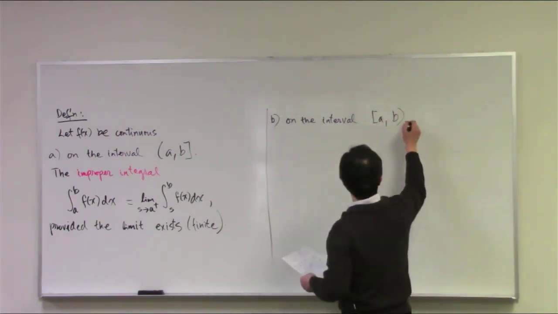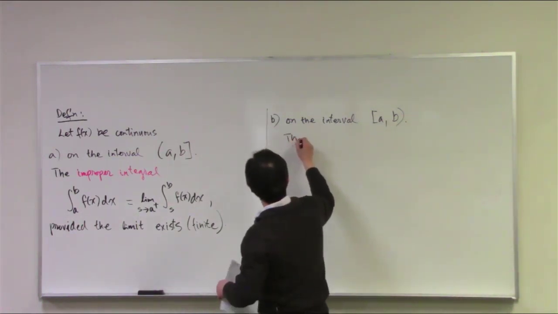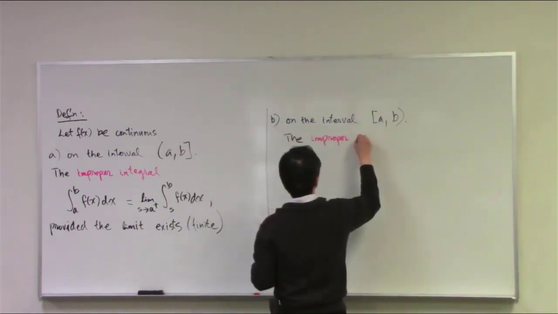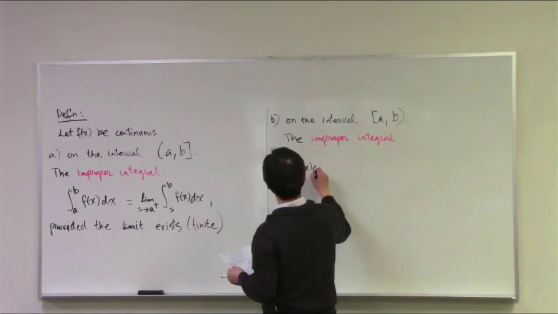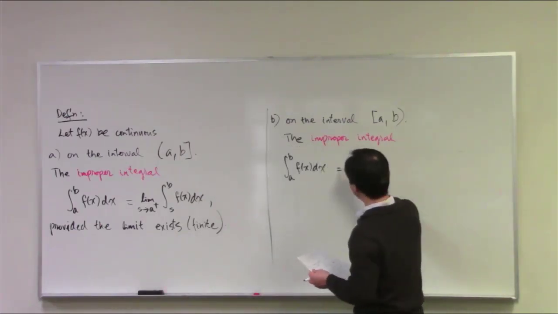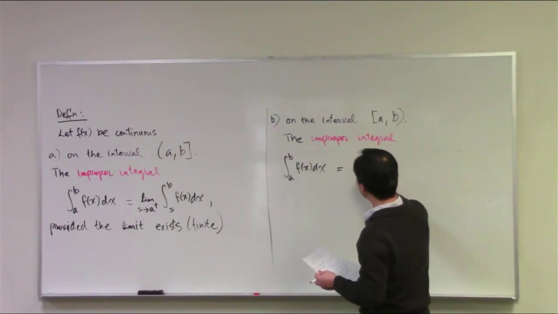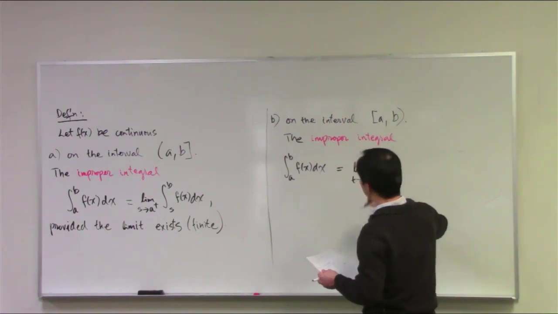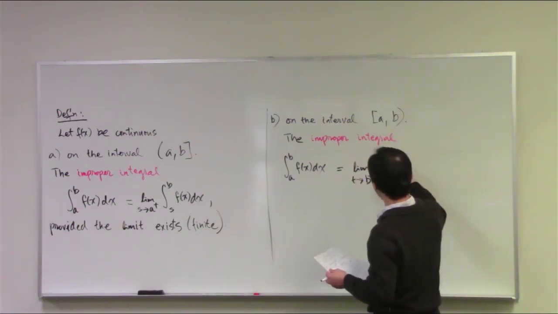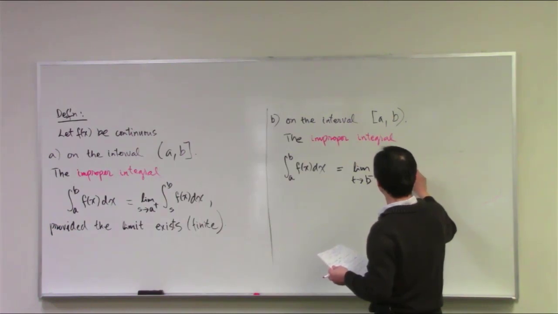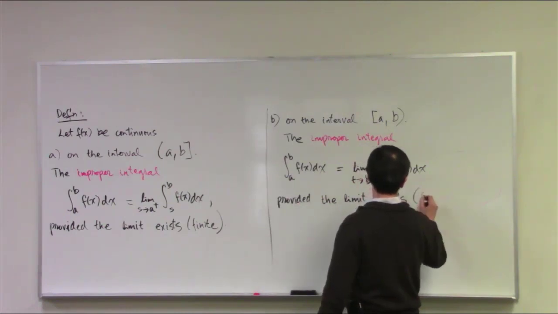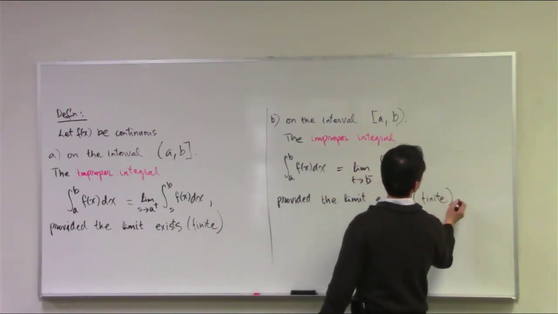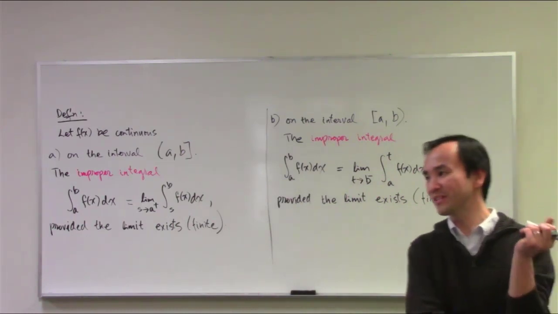If that's so, the improper integral from a to b of f(x) dx is defined to be the limit as t approaches b from the left-hand side of the integral from a to t of f(x) dx, provided that's a finite value. Any questions on that?